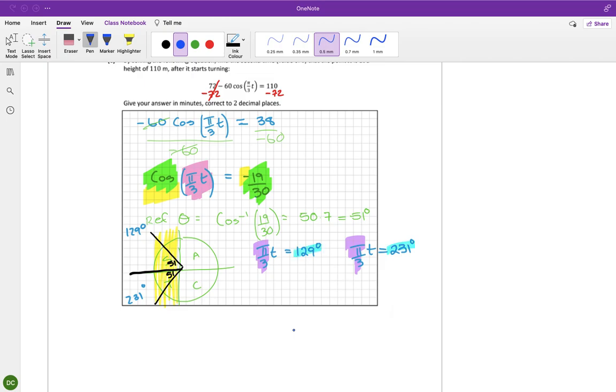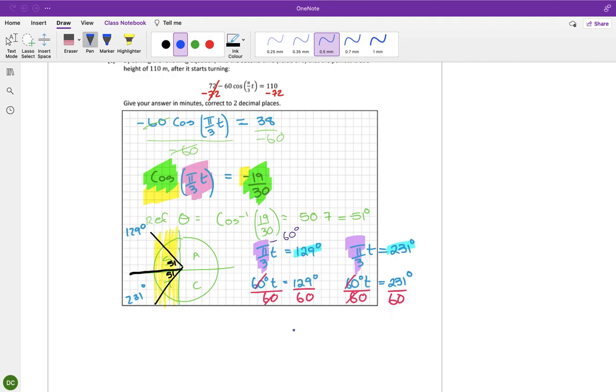So I need to either convert the degrees into radians or the radians into degrees. I'm going to go this way because this is easy. They're just 60, so 60 degrees t equals 129 degrees, and 60 degrees t equals 231 degrees. So I'm going to divide by 60 the whole way across.